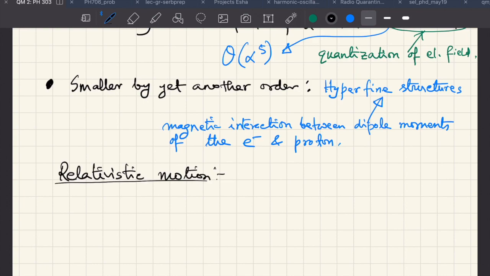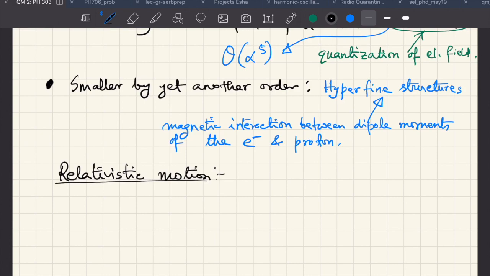However, we are only interested in scenarios where the relativistic effects are thought of as small corrections on the original results we have already obtained in PH 204. That means we think of these relativistic effects as corrections over the energy eigenvalues that we obtained in PH 204, which we treated non-relativistically.